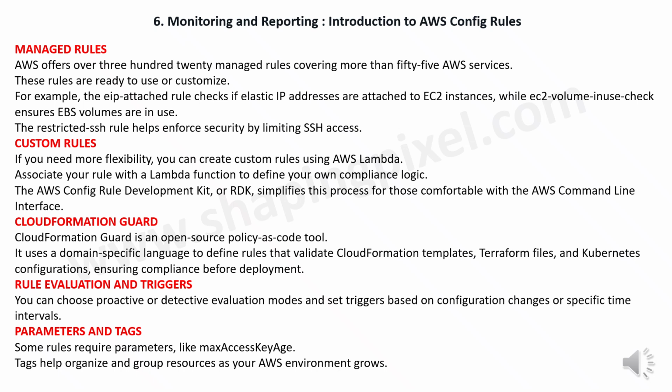These rules are ready to use or customize. For example, the EIP attached rule checks if elastic IP addresses are attached to EC2 instances, while the EC2 volume in use check ensures EBS volumes are in use. The restricted SSH rule helps enforce security by limiting SSH access.